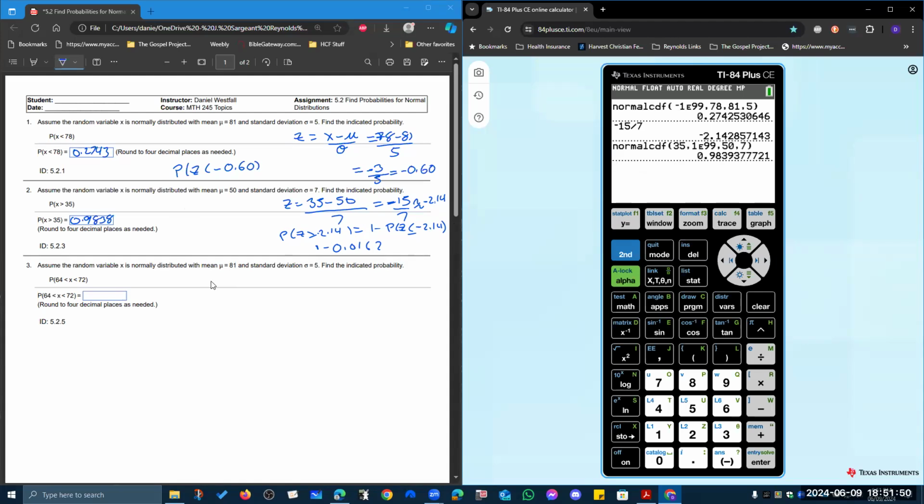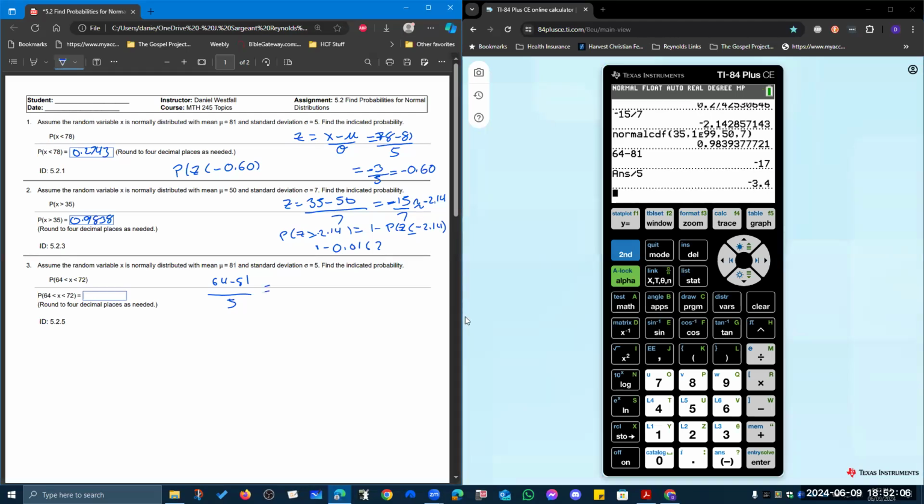Let's say 64 minus 81 over 5. 64 minus 81 is negative 17, divided by 5 is negative 3.4. And 72 minus 81, that divided by 5 is going to be negative 1.8.